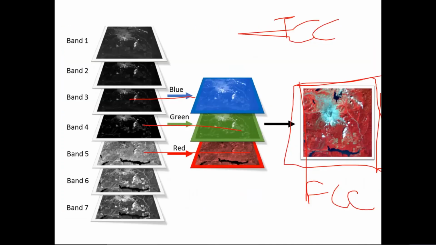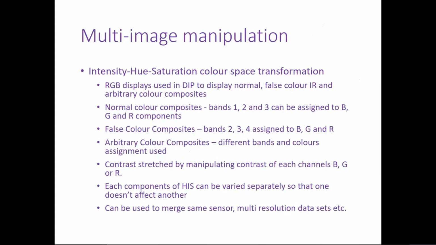This is a false color composite because I am not assigning the correct color to the matching bandwidth in which the data was collected. This is just for visual image interpretation. So you can create a normal color composite, a false color composite, or an arbitrary color composite where different band and color combination assignments are used. Once you do that, the contrast is stretched by manipulating the contrast of each color channel, blue, green or red.